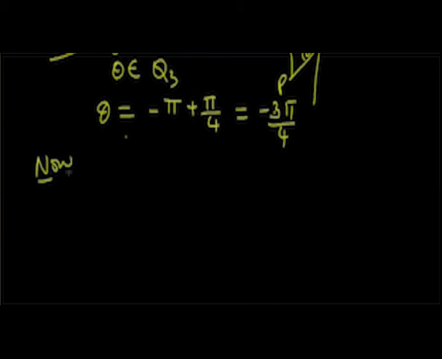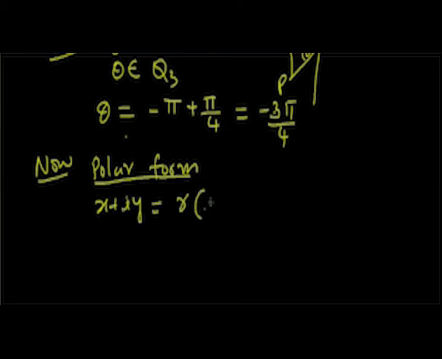So now write the polar form of any complex number. x plus iy is equal to r into cos theta plus i sin theta.